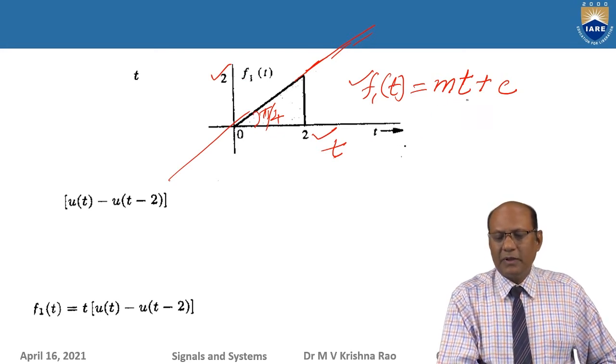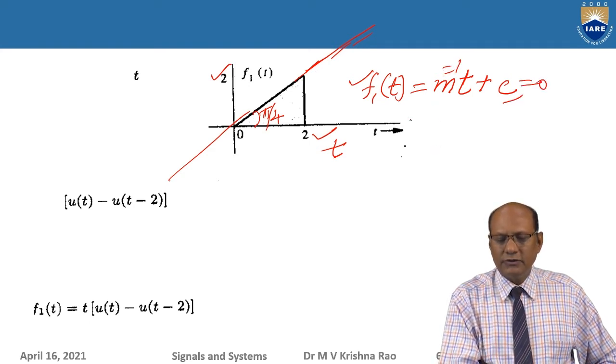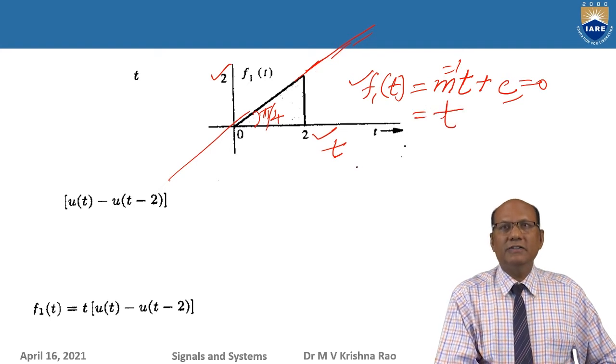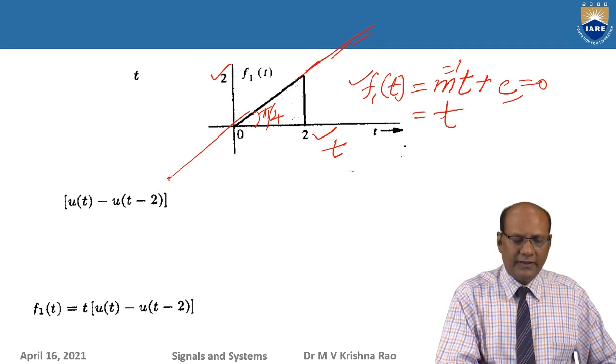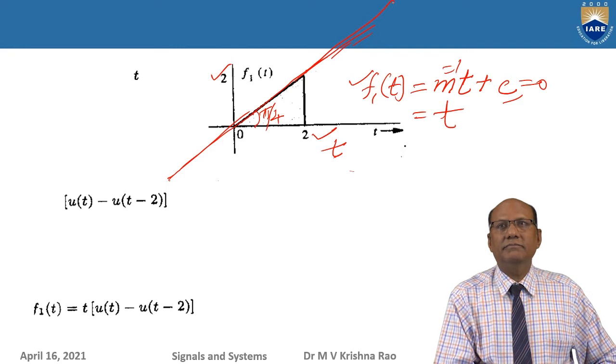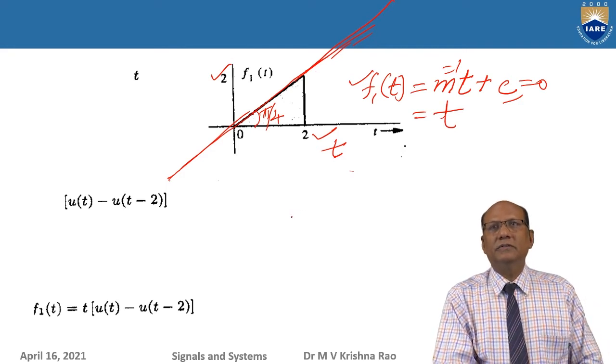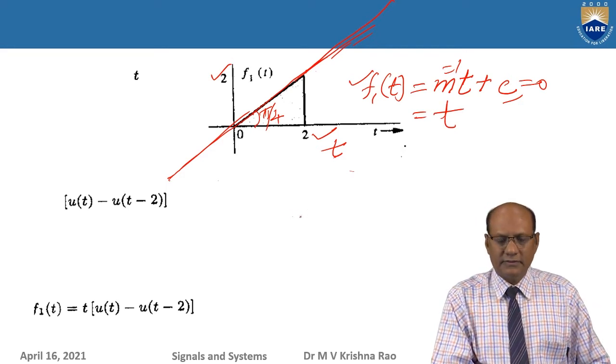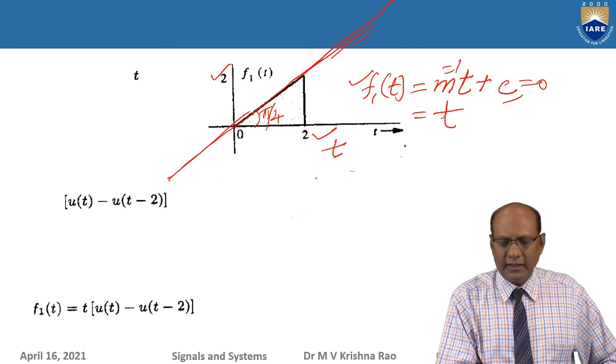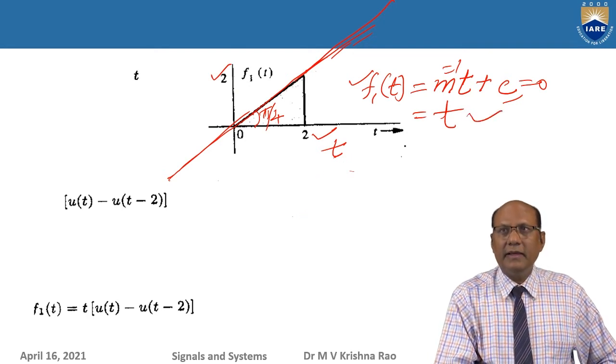Because it is passing through the origin, c is 0, and m equals unity. So the function is nothing but t. This is an infinite straight line whose slope angle is 45 degrees, and it is represented by t.